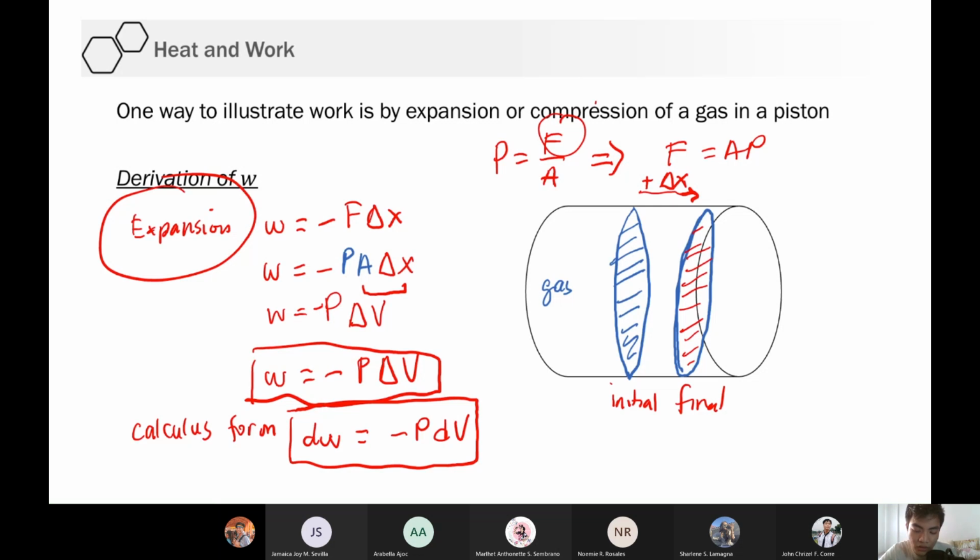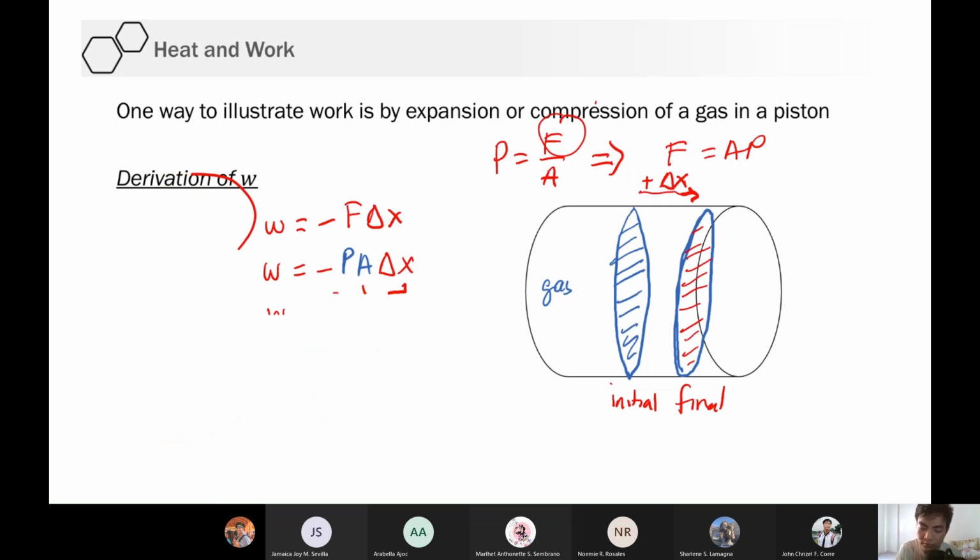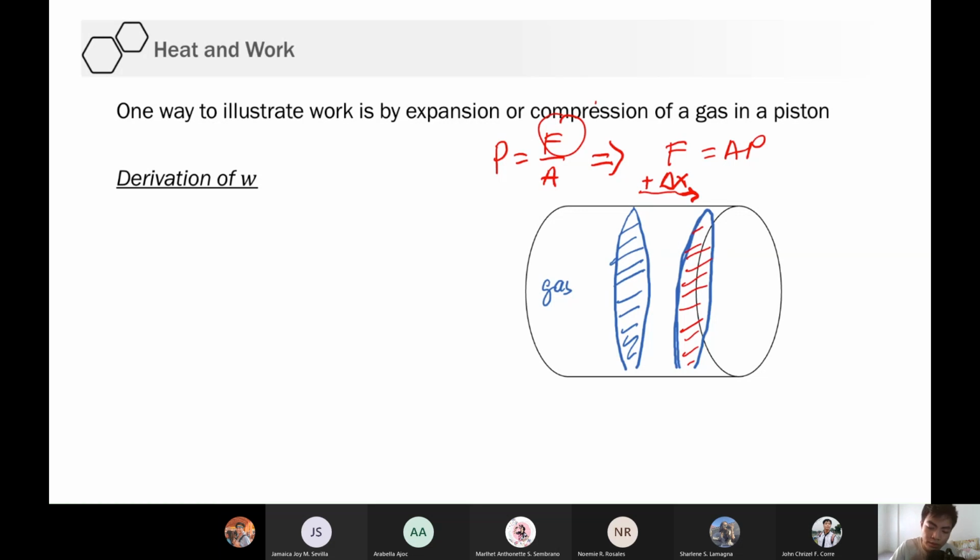Let us now derive the compression equation. Burahin ko na ha. Compression tayo. So kapag compression, ito yung initial, ito yung final.